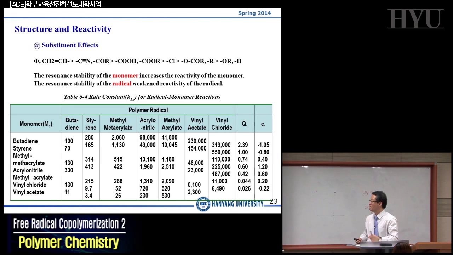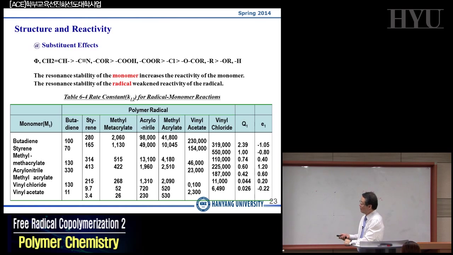Now I have another table, okay, saying that instead of our relative reactivity, we can take a look at the rate constants, k11 or k12 or k22, stuff like that.